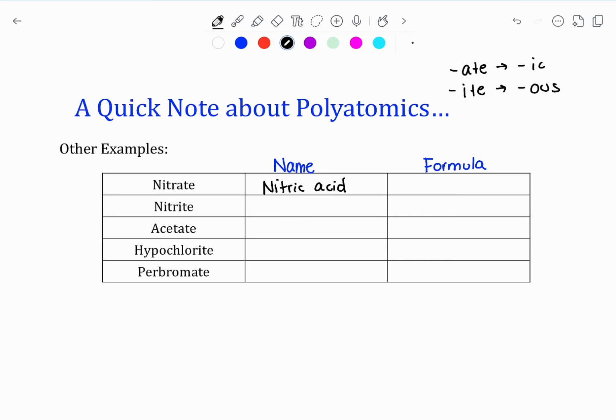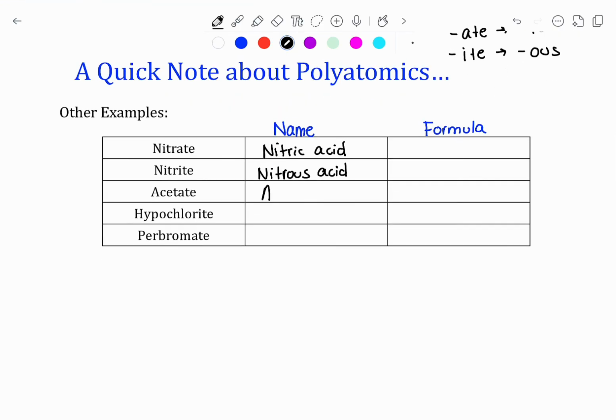Nitrite is going to become nitrous acid. Acetate is going to become acetic. It sounds a little bit different, but that's just because of grammar. So we have acetic acid. Okay, so for all of these, I'm just taking off the ate and the ite.